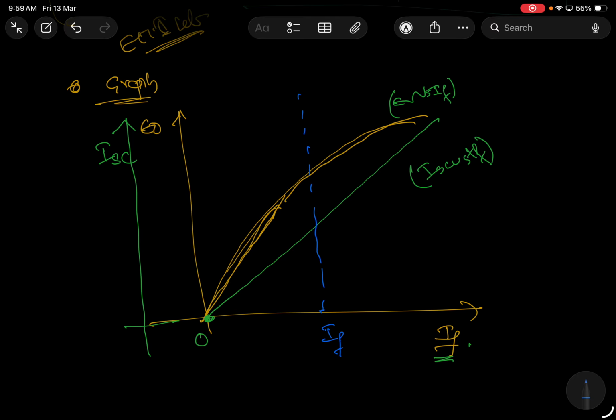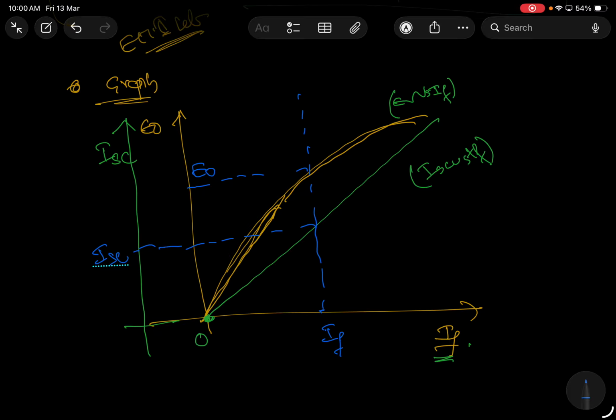For this common point of IF, measure the corresponding values of E naught, and simultaneously measure the corresponding values of ISC.